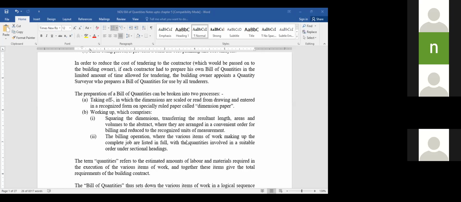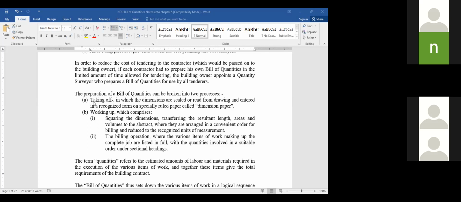And then we have the billing operation where the various items of work making up the complete job are listed in full with the quantities involved in a suitable order under section headings, of course, with their costings. So these are the two sections for preparing a BOQ, but our focus is going to mainly be on taking off.